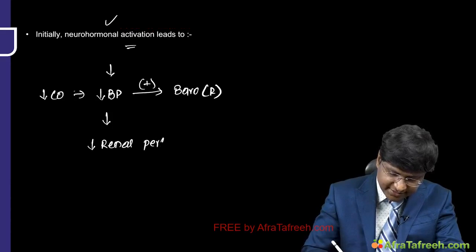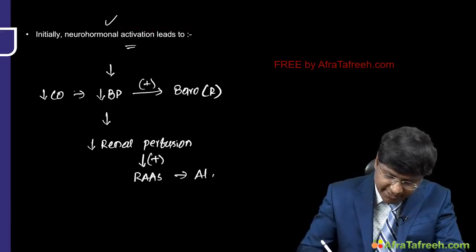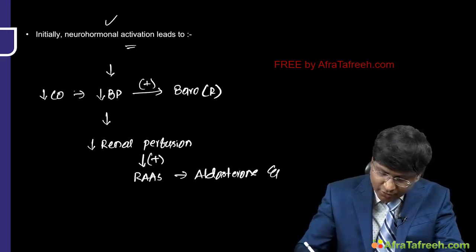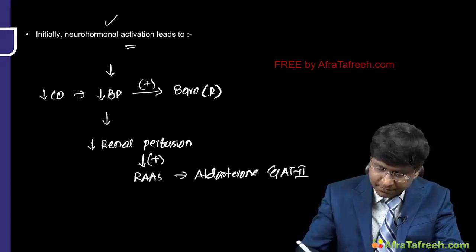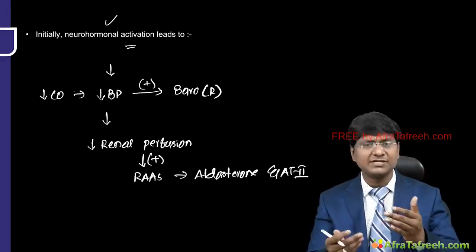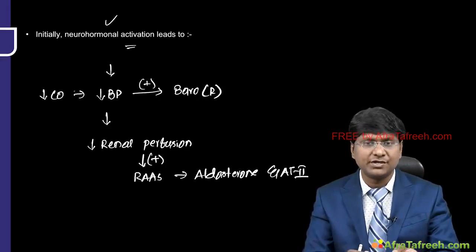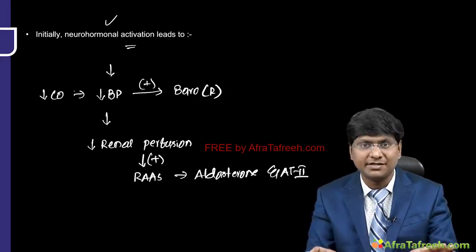Once there is decrease in renal perfusion, there will be activation of the RAS, the renin angiotensin aldosterone system. That will cause the release of aldosterone and also of angiotensin 2, right? This is one important compensatory mechanism, because aldosterone will cause sodium and water retention and angiotensin 2 will cause vasoconstriction, and thereby the blood pressure is maintained.